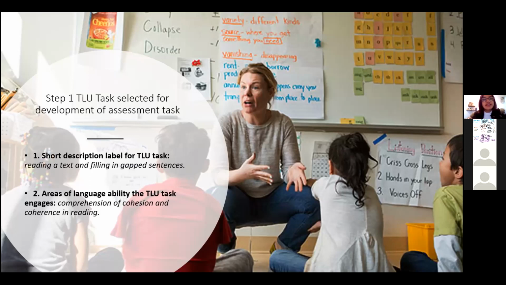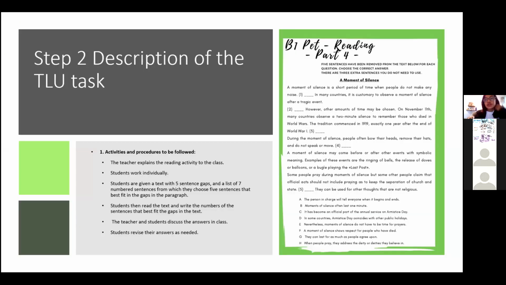Step 2 that we need to consider when we are doing a task is the description of the TLU task. In the description, we are going to describe the activities and procedures that we are going to follow. In the example, the teacher is going to explain the reading activity to the class.